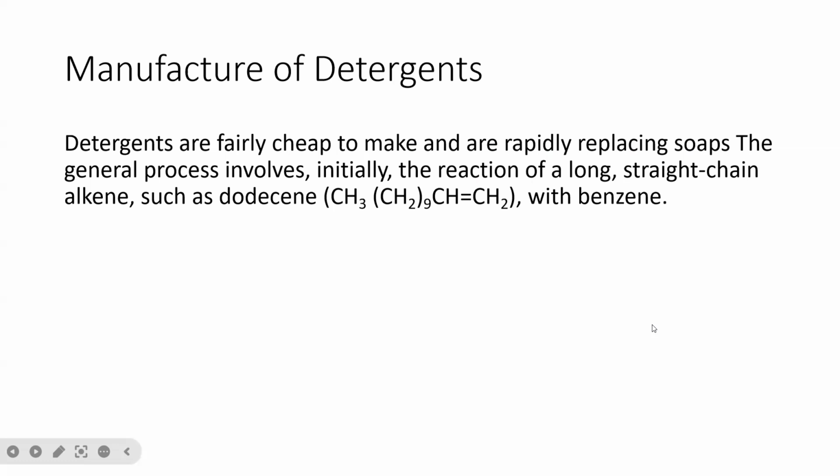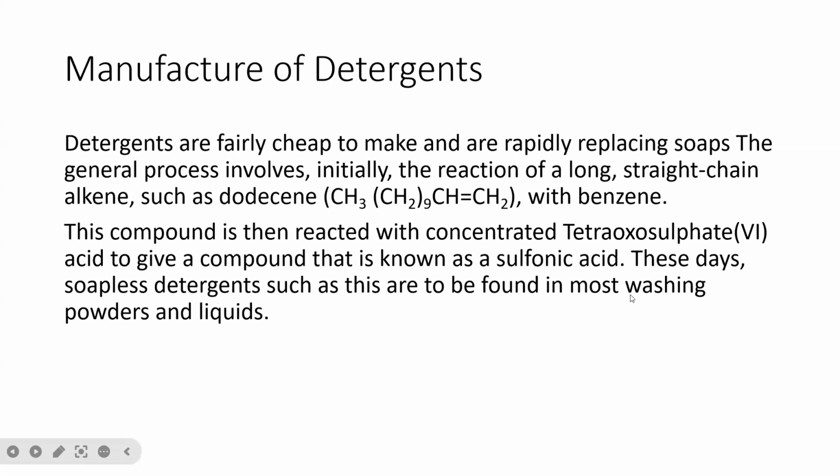When you react dodecene with benzene, you get benzyl dodecane. This compound is then reacted with concentrated tetraoxosulfate(VI) acid to give a compound known as sulfonic acid. Now, this is called sulfonation.